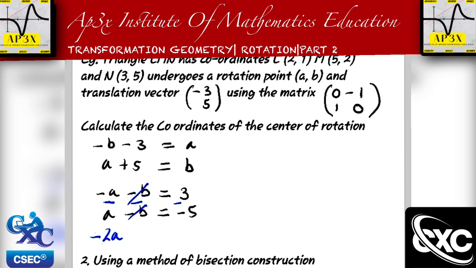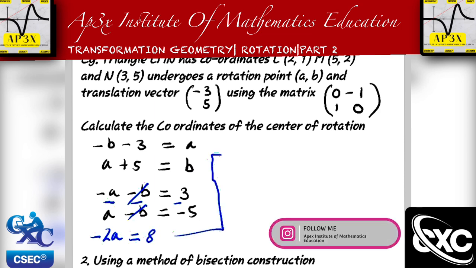Minus B minus B is 0, and then 3 take away negative 5 is in fact 3 plus 5, which is 8. And so we end up with negative 2A divided by negative 2 is equal to 8 divided by negative 2. It works out that A is equal to negative 4.